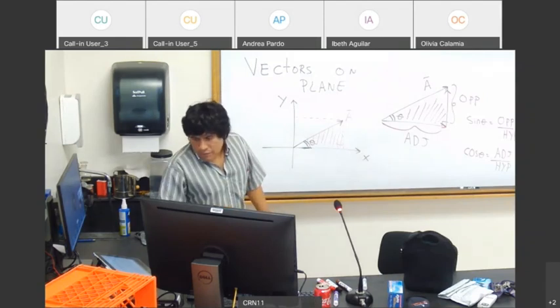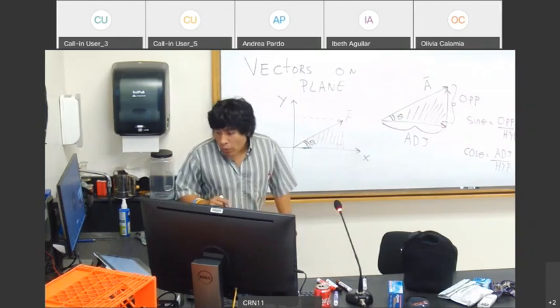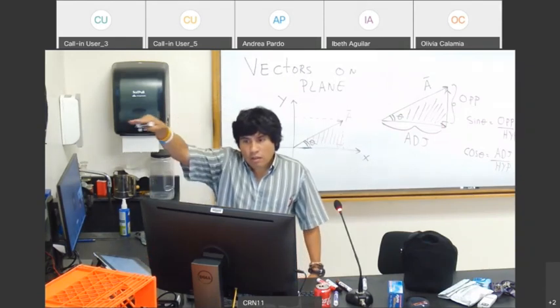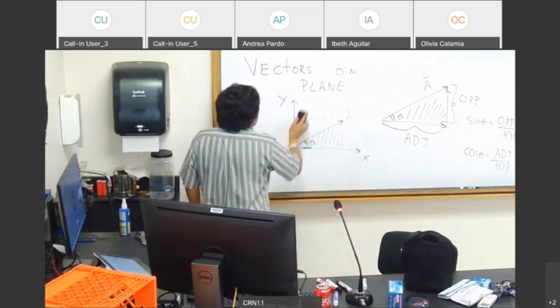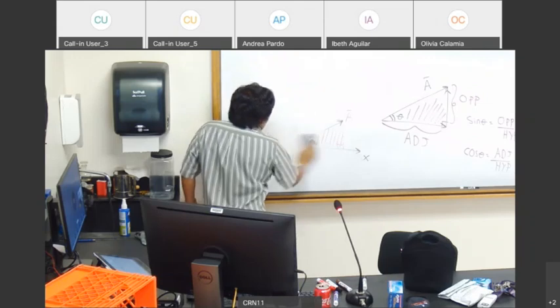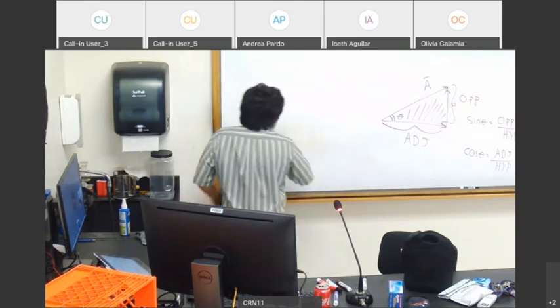Now, let's apply this in a word problem. It says that you walk 3 miles north, 4 miles to the west. So to understand that example, we need to draw the problem.